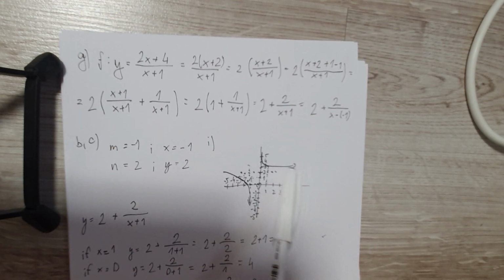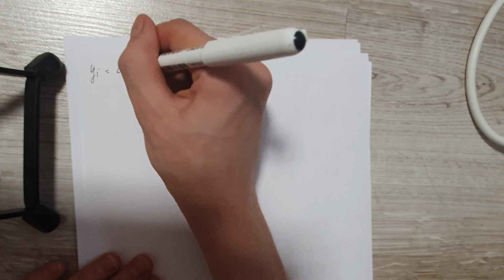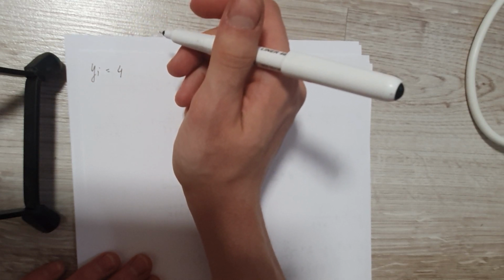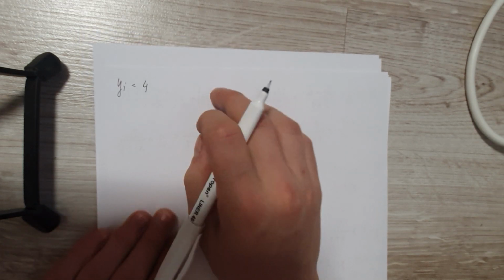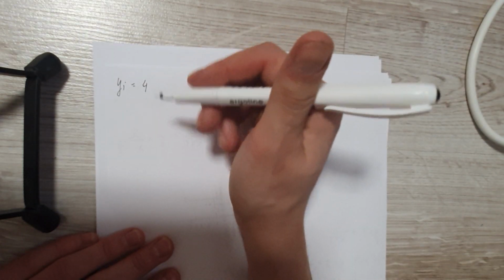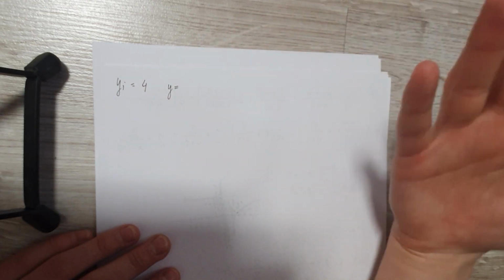As I can see, the y-intercept on the graph is 4, but I will make sure that it's really like this by substituting the value of 0 into the whole function, so I can see what it really is if I wasn't mistaken.